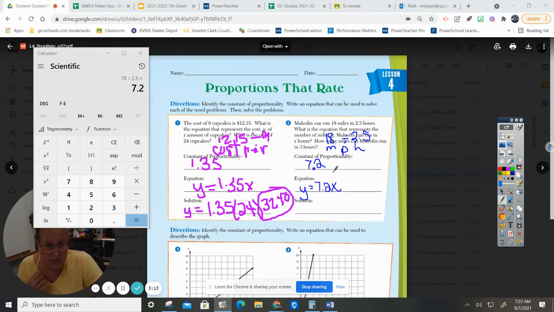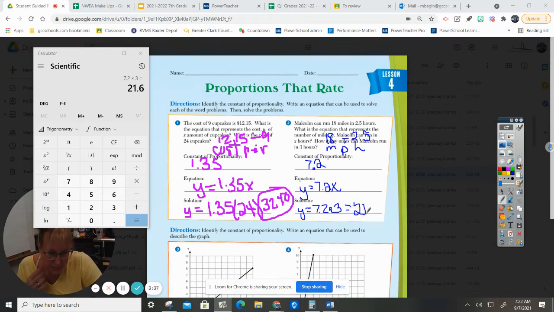So it wants to know how far he can run in 3 hours. I will do y equals 7.2 times 3. Let's see what happens if I go over here. 7.2 times 3 equals 21.6. So he runs 21.6 miles.